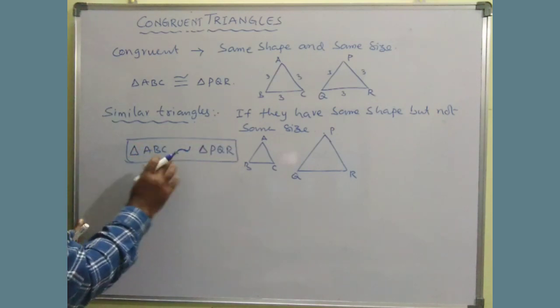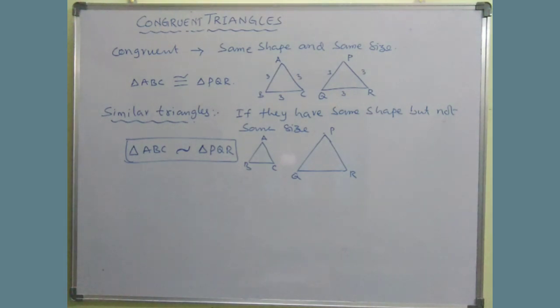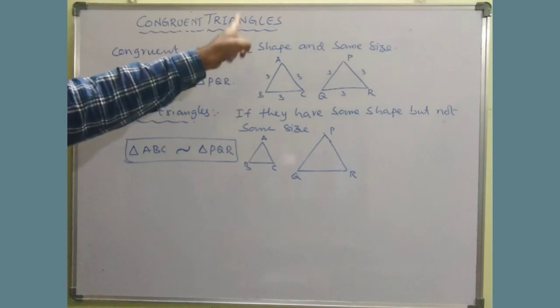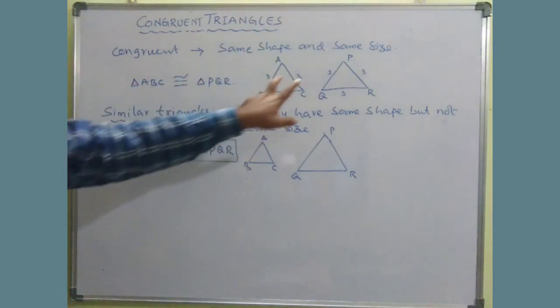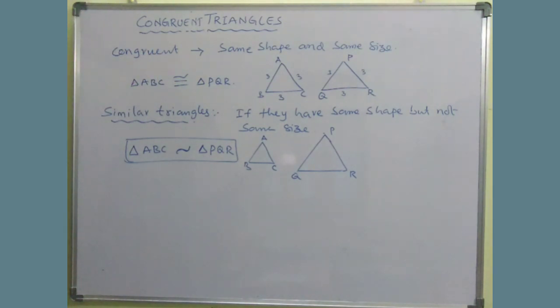So here only same shape but not size. But when you come to congruent, same shape and same size also, just like twins. So now let us see this thing. This point is very important. Two geometrical figures are congruent means they are similar and equal, isn't it, ma?